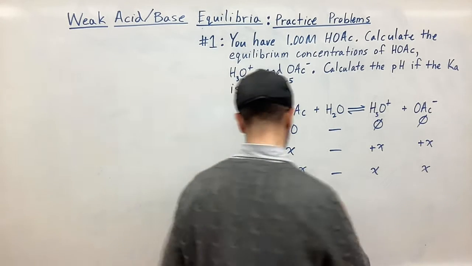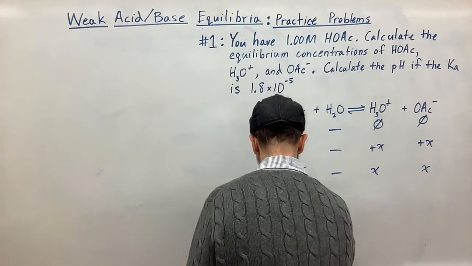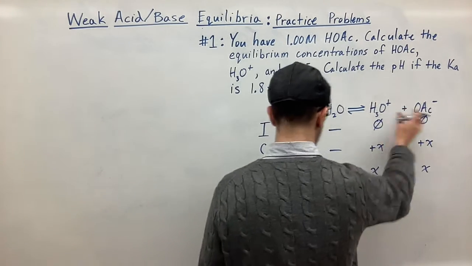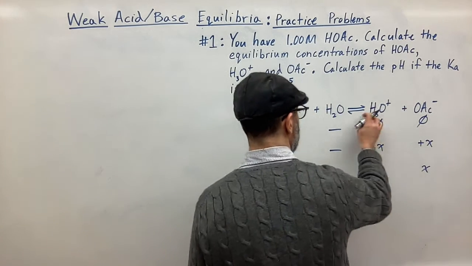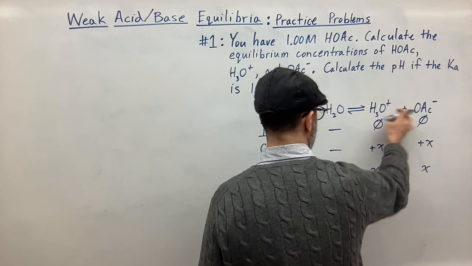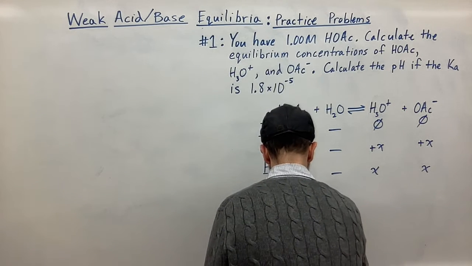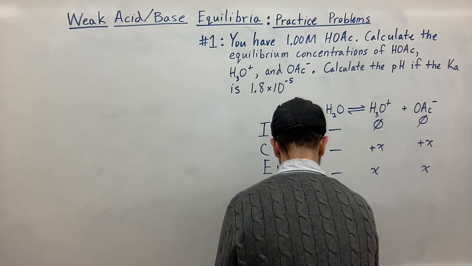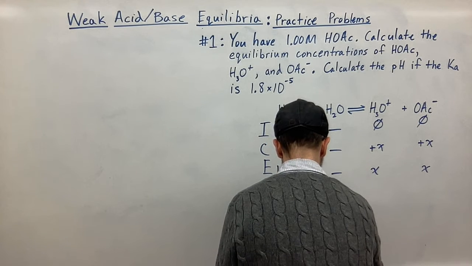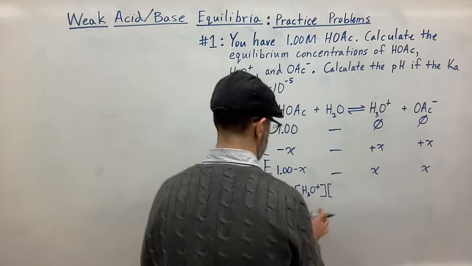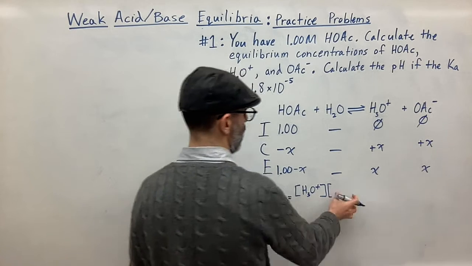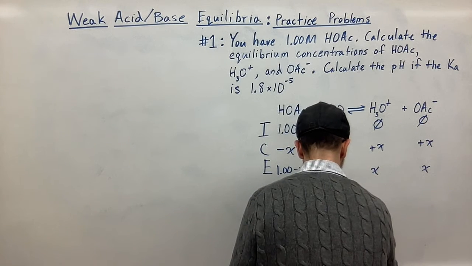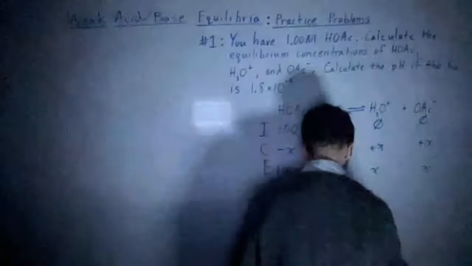So the Ka expression: Ka is equal to the concentrations of these two raised to the powers of their coefficients. But those coefficients are 1, so it's just going to be the concentration of H3O plus times the concentration of the acetate ion, OAC minus.